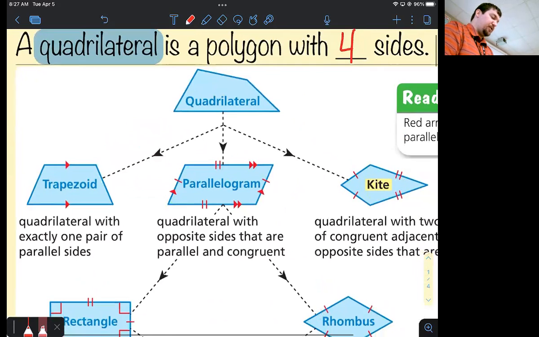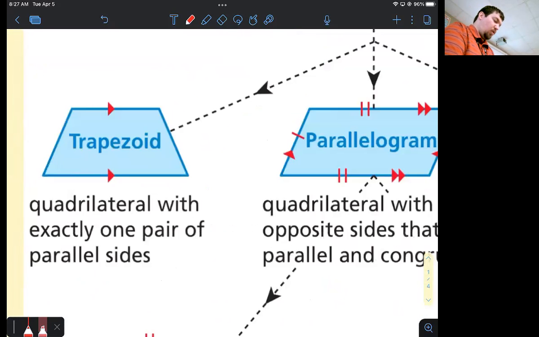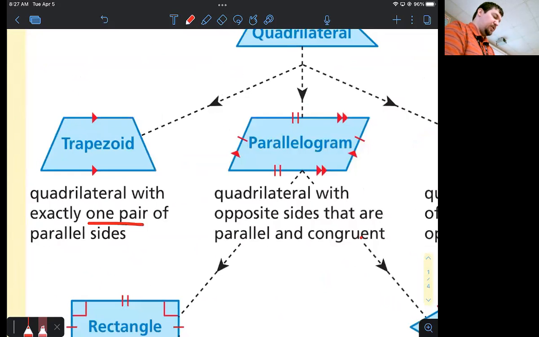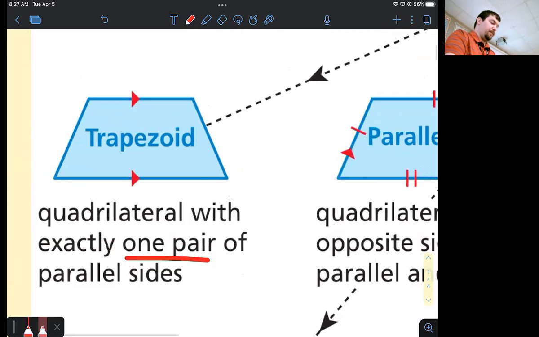The first family, and that you've heard of before, is the trapezoid family. To be a trapezoid, you have to be a quadrilateral that has exactly 1 pair of parallel sides. Exactly 1 pair. It doesn't have to be the top and bottom. It could be the left and right sides, but you can see the trapezoid here. Now, is the top side the same size as the bottom side? No, that's not going to be true on a trapezoid.